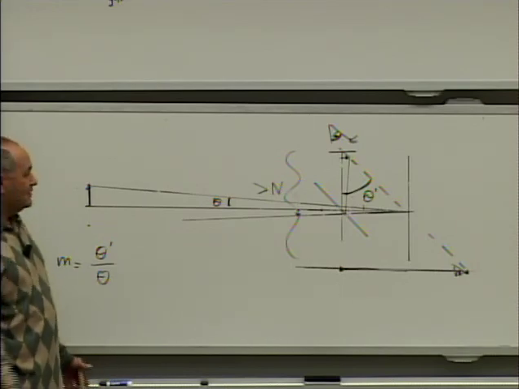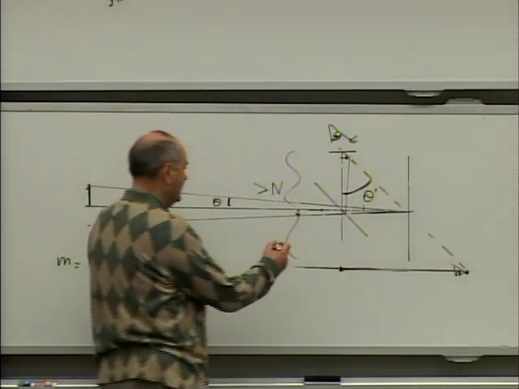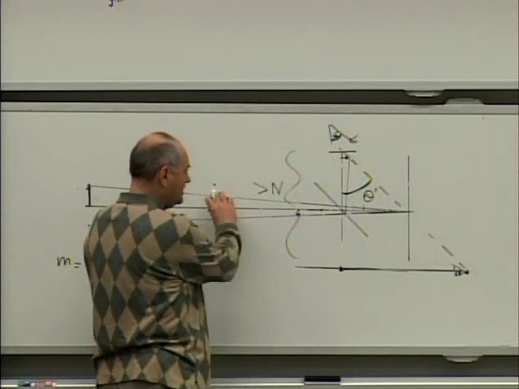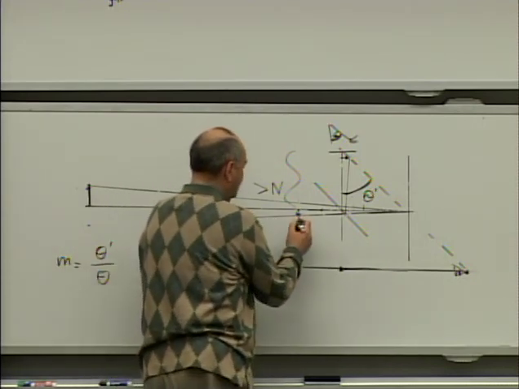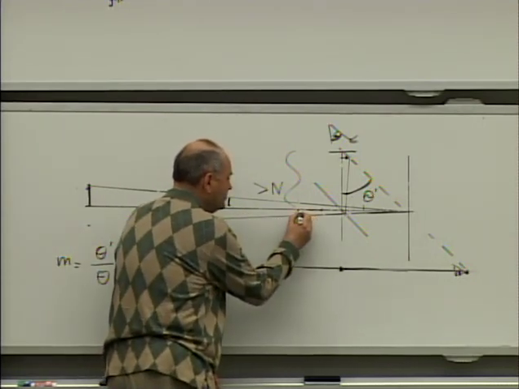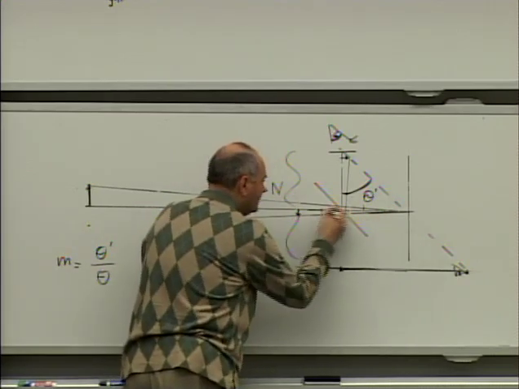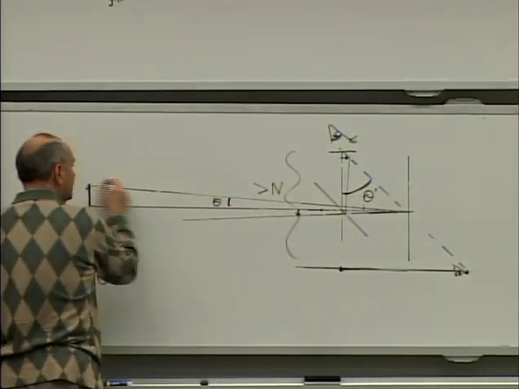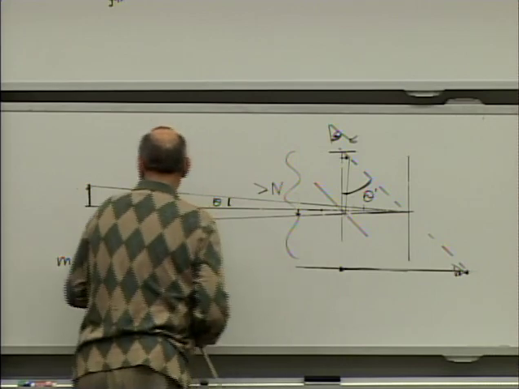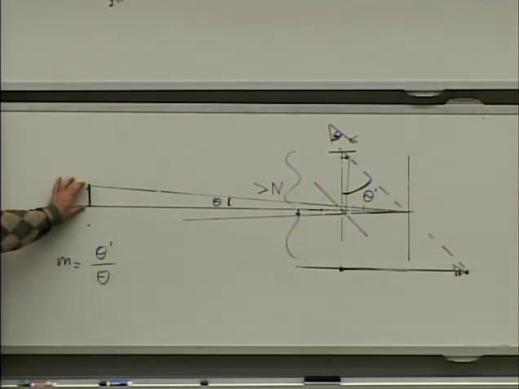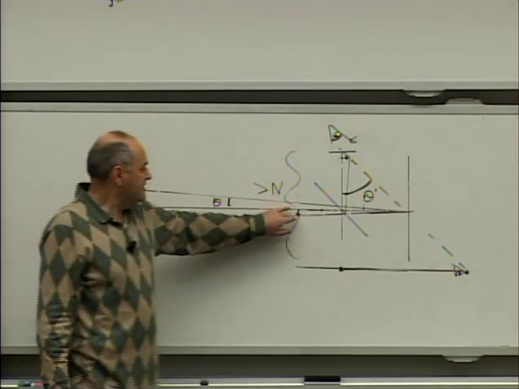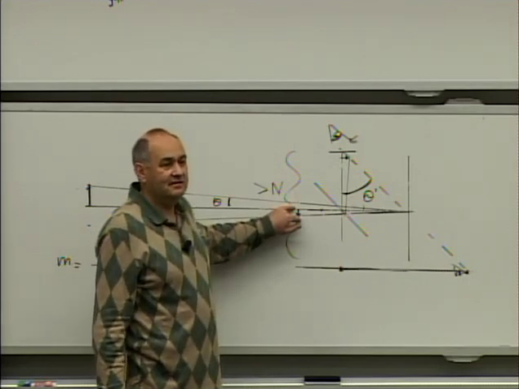Now we can again recognize that actually these two triangles, this triangle and this triangle, are similar. Now if this object is far, far away, this image is approximately where?